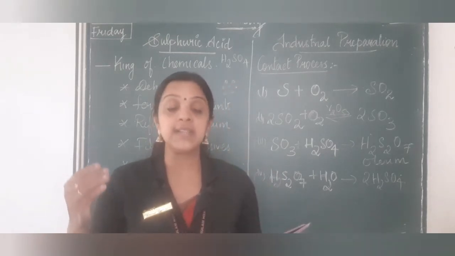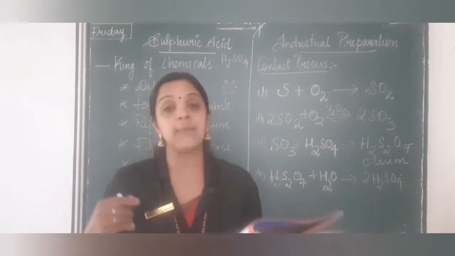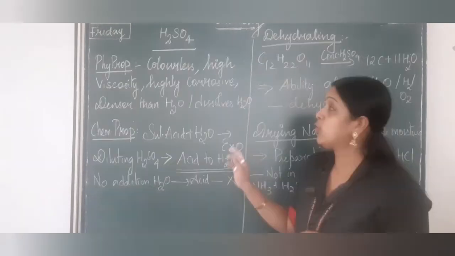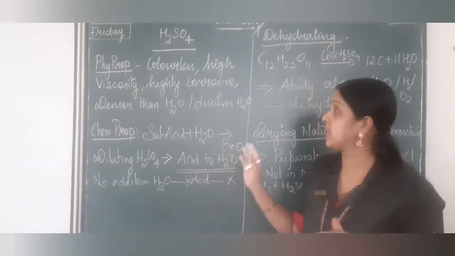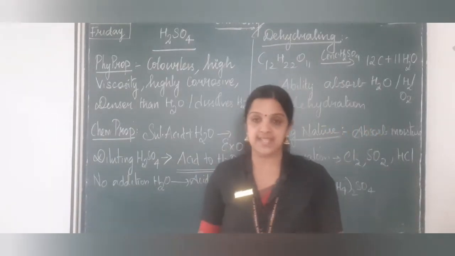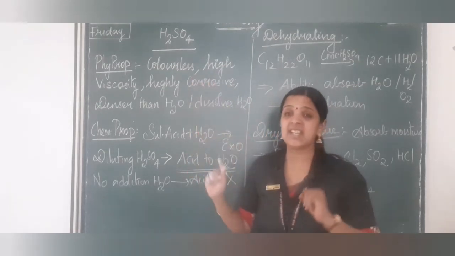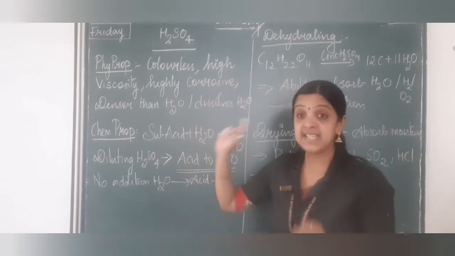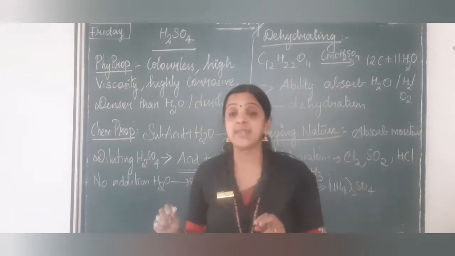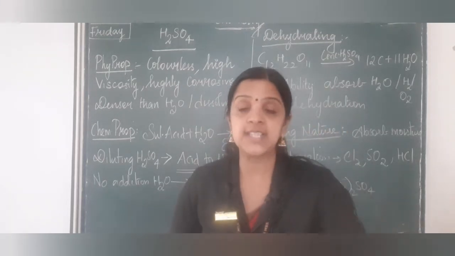So now we will learn the physical properties and also chemical properties one by one. Now we will learn about the physical and chemical properties of sulphuric acid. Now some of the physical properties are, it's a colorless acid, highly viscous. Highly viscous means, what is viscosity? Tendency to flow.